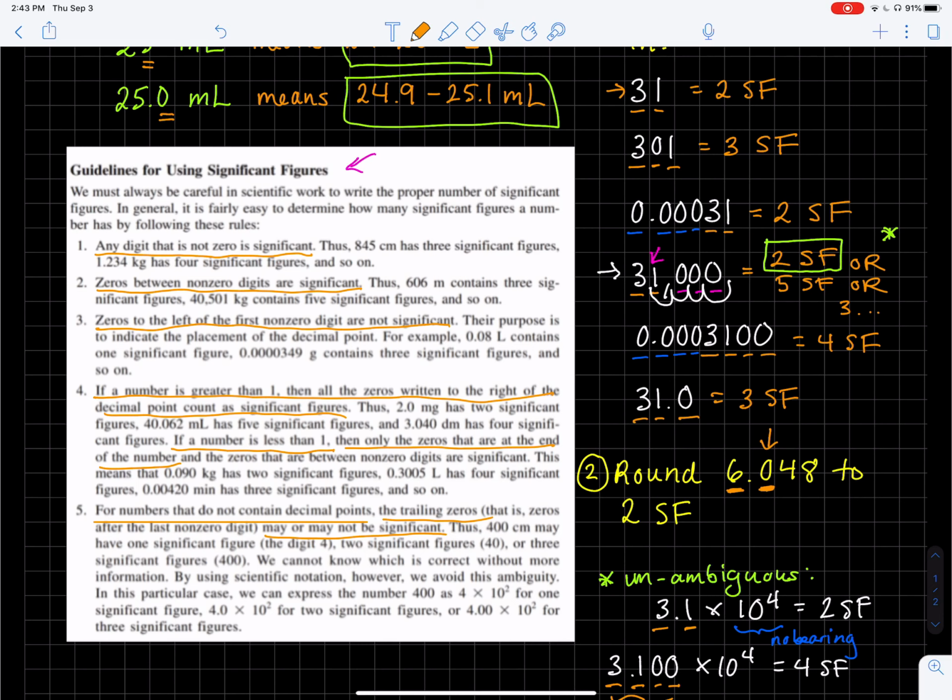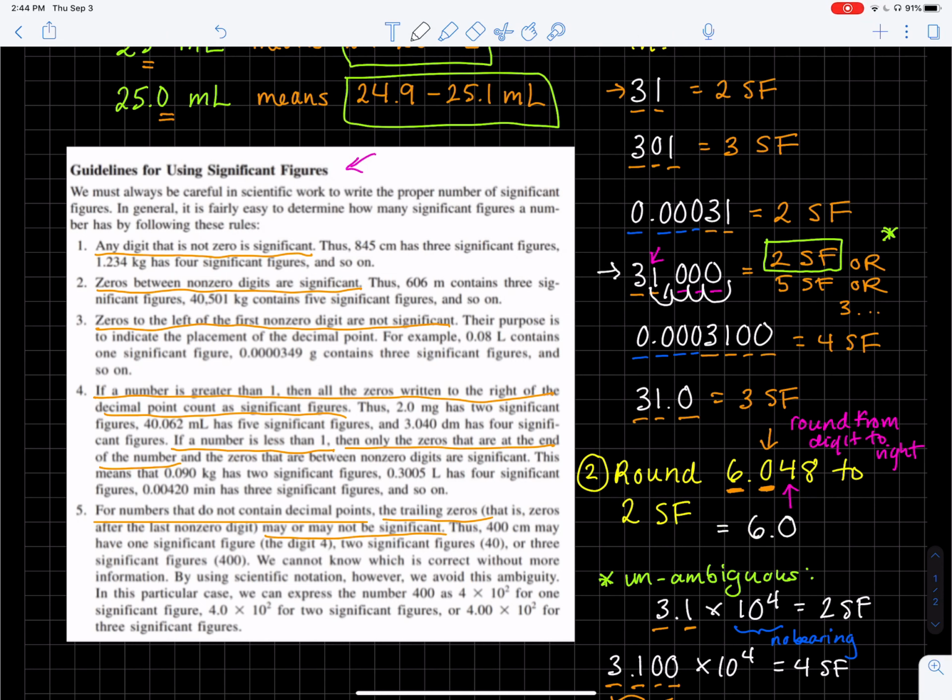To round, I round from the digit to the right, and only one digit to the right. So I look here, and I see that is a 4, and if that's a 4, I'm going to round down, so the answer is 6.0.